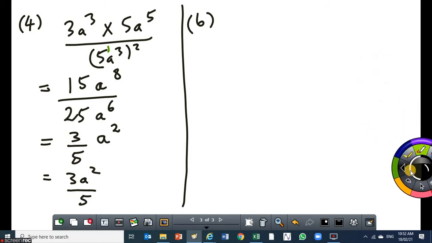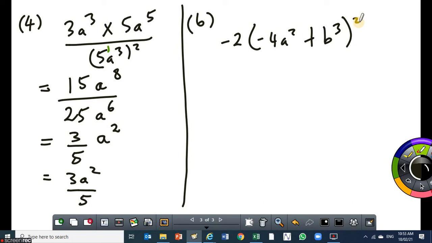Okay, we can write number 6. We have minus 2 times minus 4a squared plus b cubed, all squared. Now, this one here, inside the bracket, how many terms are there? There are 2 terms because of addition.